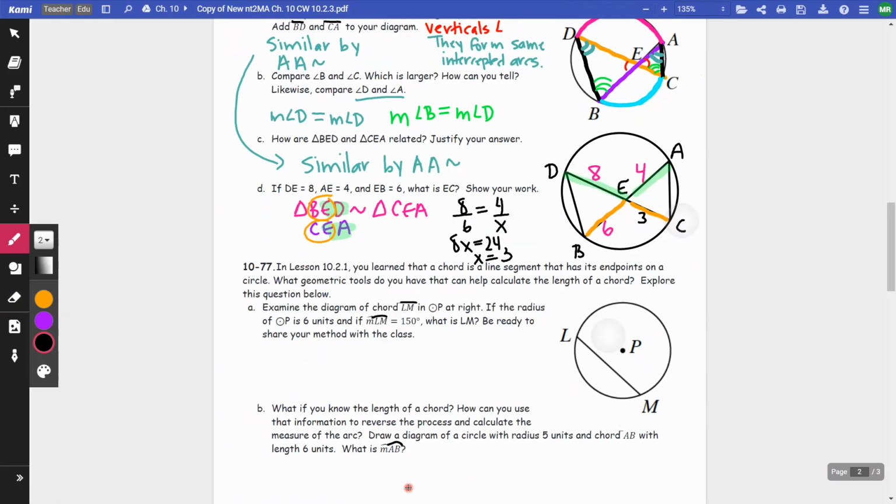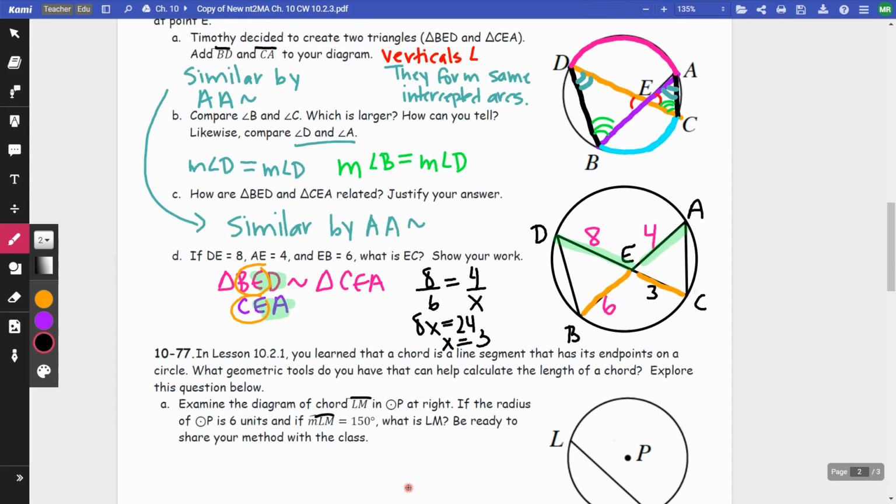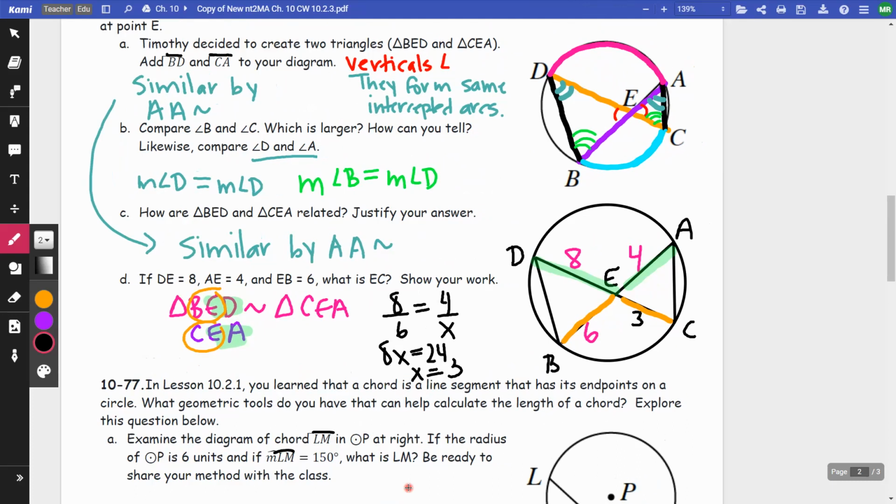Now, something that you want to notice here. If you take a look at DE, which all the way across is 11, and you take a look at BA, which all the way across is 10.